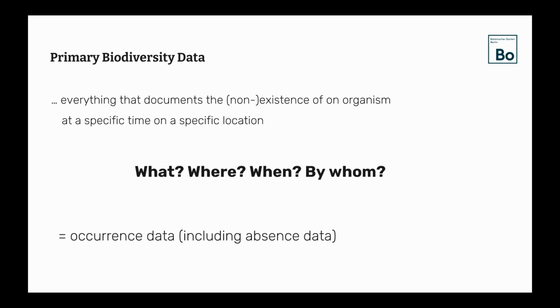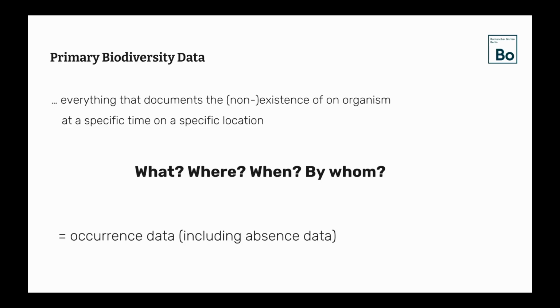Of course, the location and time will be designated by time and coordinates and locality description. If we have something like a vegetation plot that tried to identify all the organisms in a square meter, for example, you can also record absence data, the absence of a list of taxa in this given area. This is also considered primary biodiversity data.